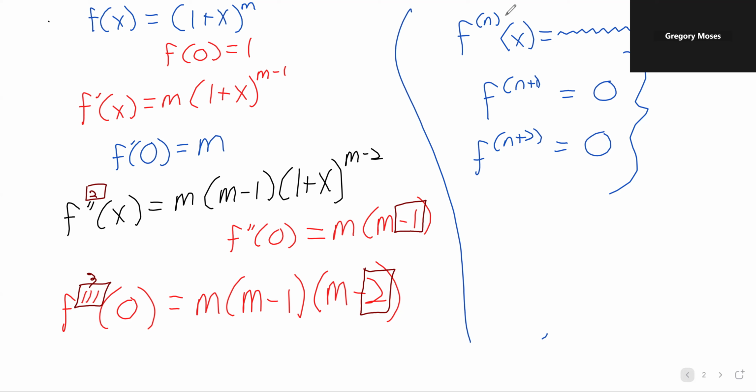So in general, we wind up at, can't use m, we're using m for something else, we don't quite reach the derivative we're taking. If we're taking the nth derivative, we get to m minus n plus 1.